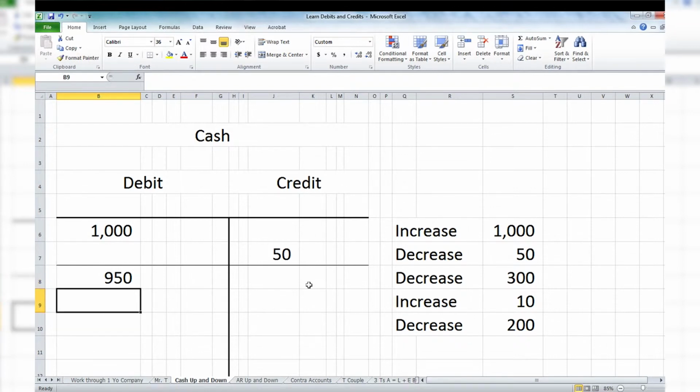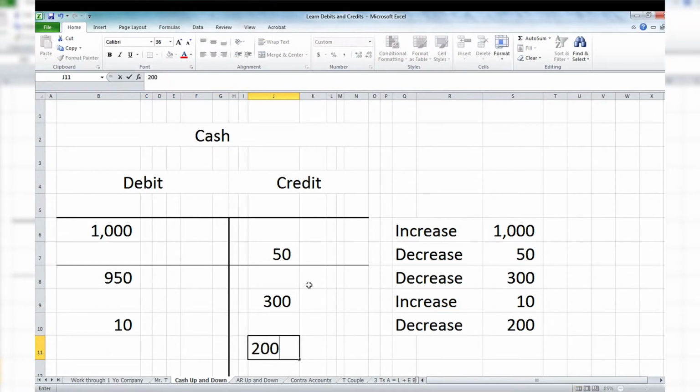The next transaction, decrease $300, credit 300. Let's go ahead and do all the rest. Increase with 10, decrease with 200.